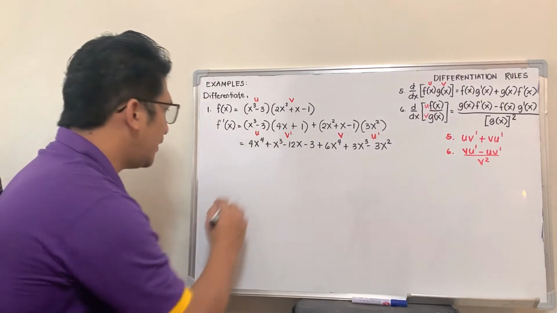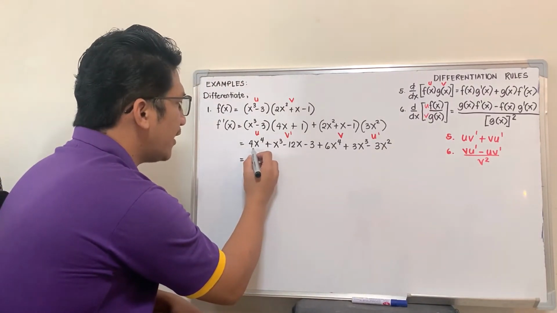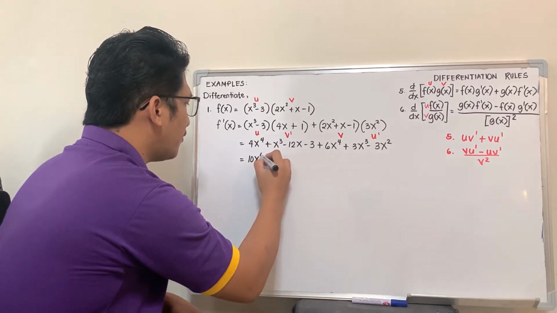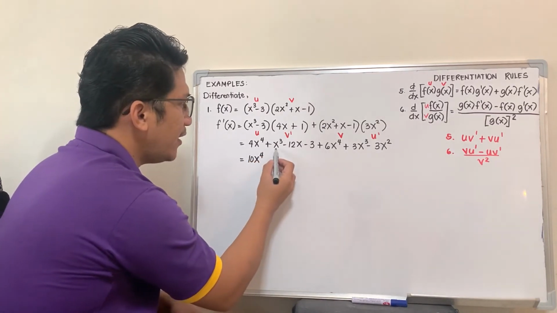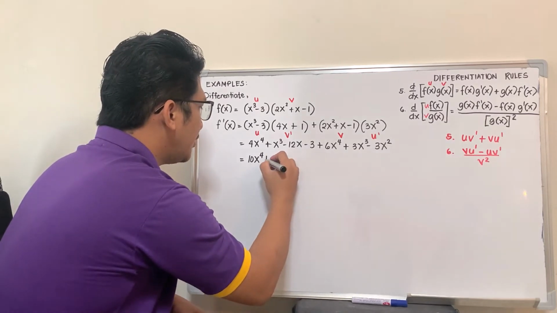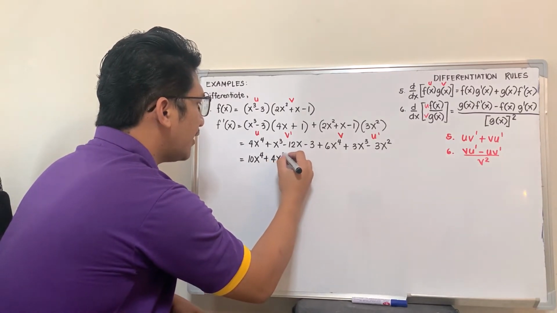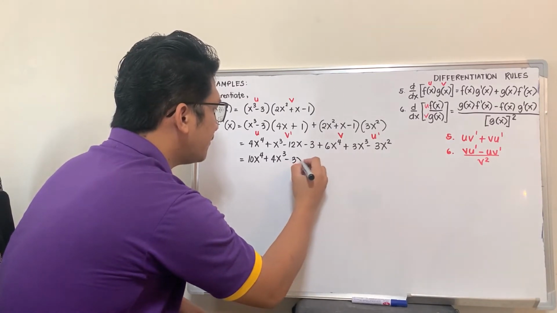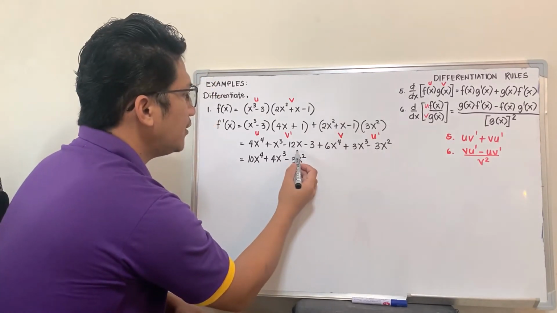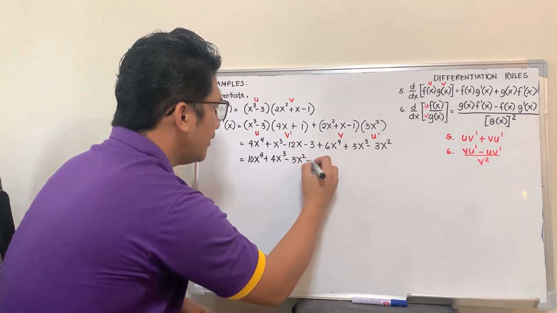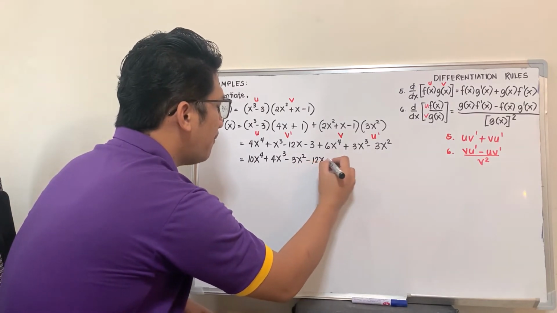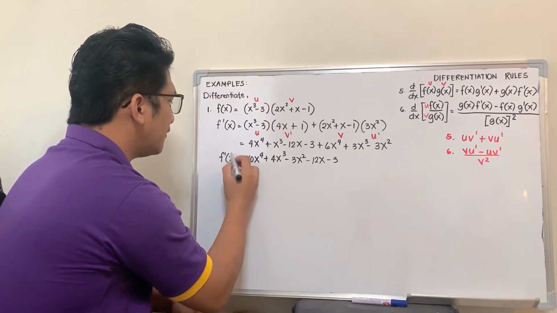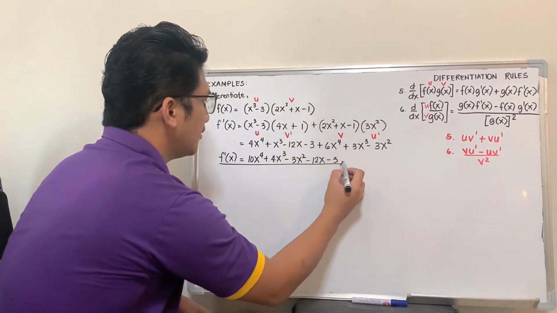Okay, then combine like terms: 4x to the 4th and 6x to the 4th, you have 10x raised to 4. Then degree of 3, x cubed and 3x cubed, so you have plus 4x cubed. Degree of 2, so minus 3x squared. Degree of 1, so minus 12x, minus 3. So this is your f prime of x.